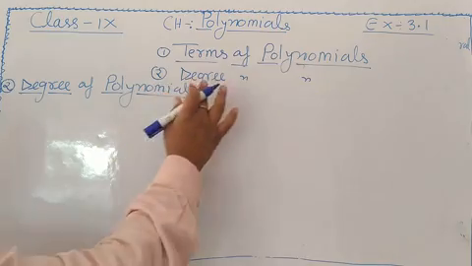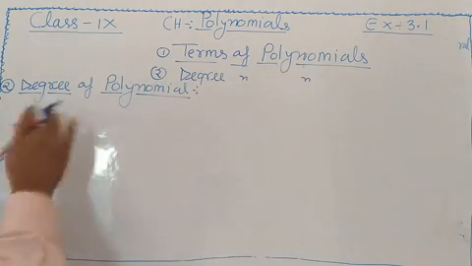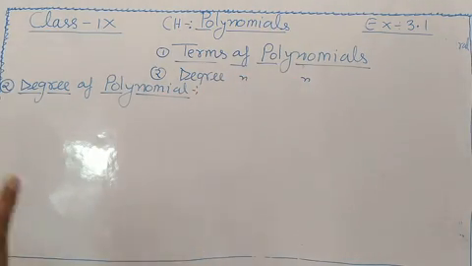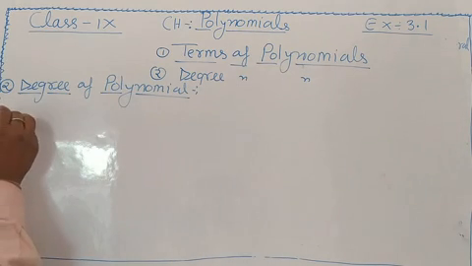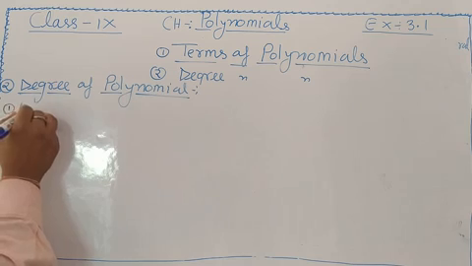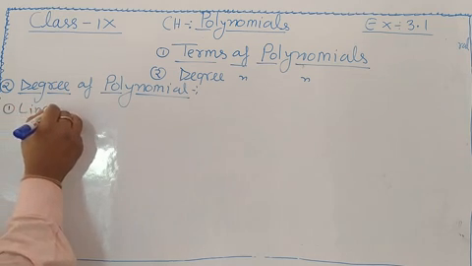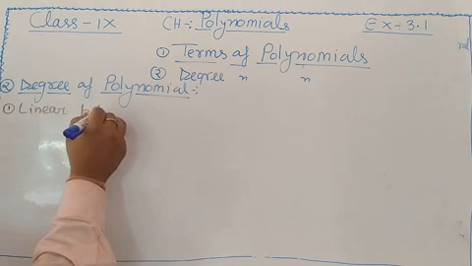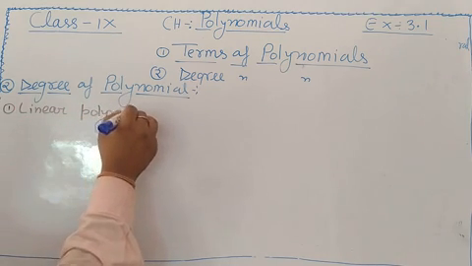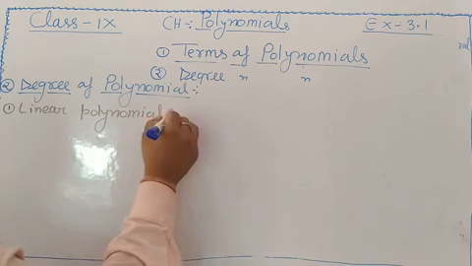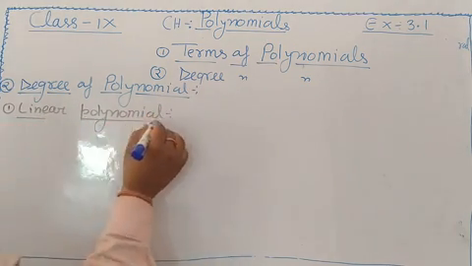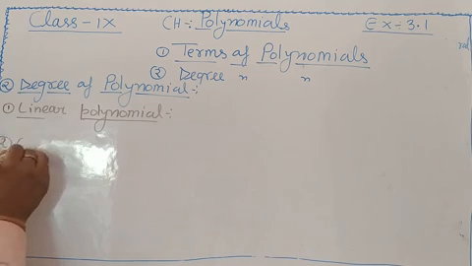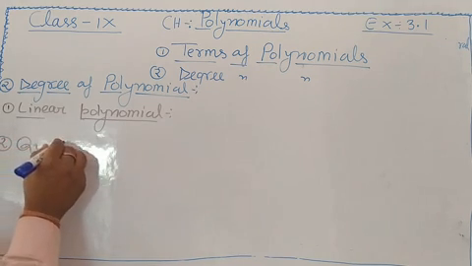Number 2, students: degree of polynomials. The degree of polynomials is defined by four types. First is linear polynomial. Number 2, quadratic polynomial.